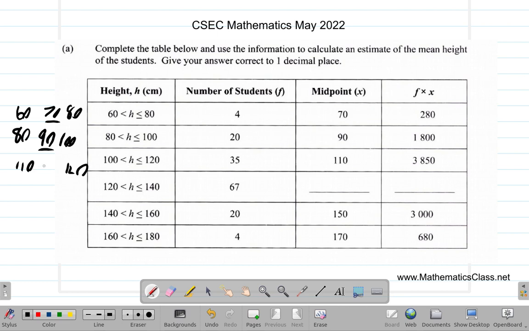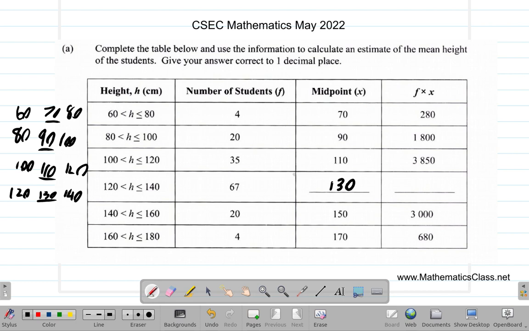What's in the middle between 100 and 120? It's 110. You have 110 here. So if you have 120 at one end and 140 at the other end, then you're leaving out 130. So 130 should be here.